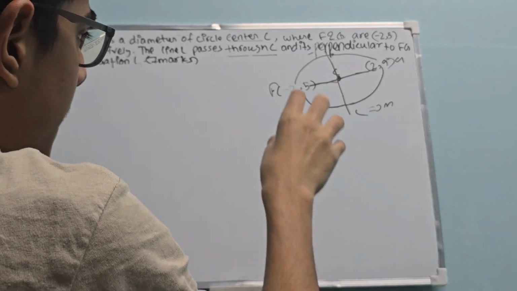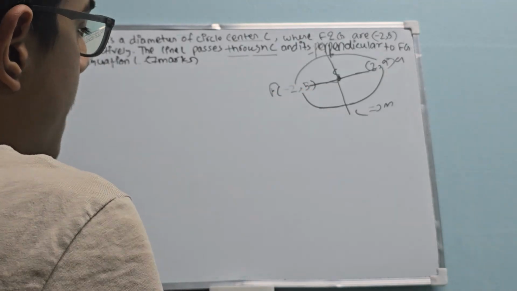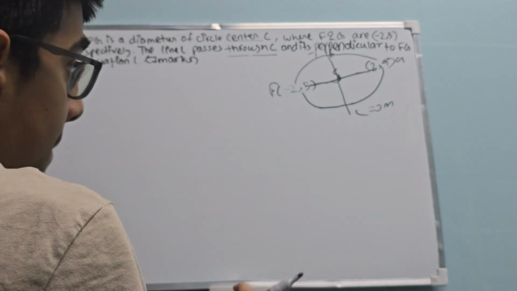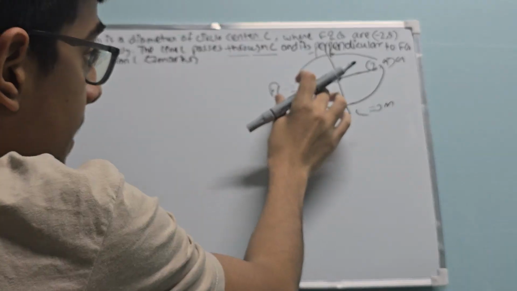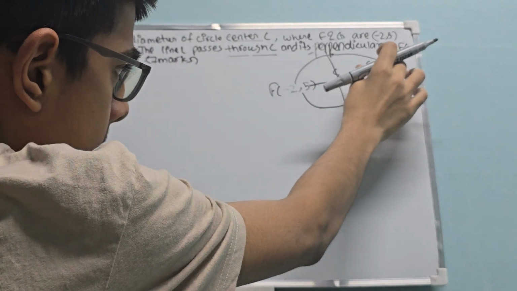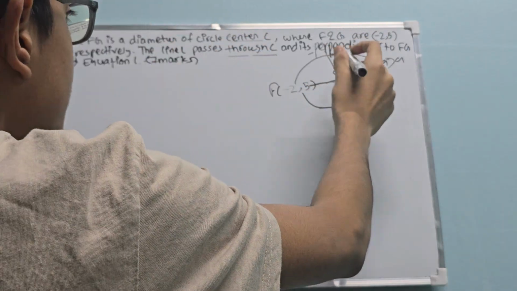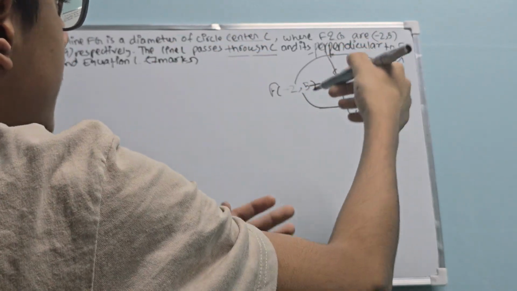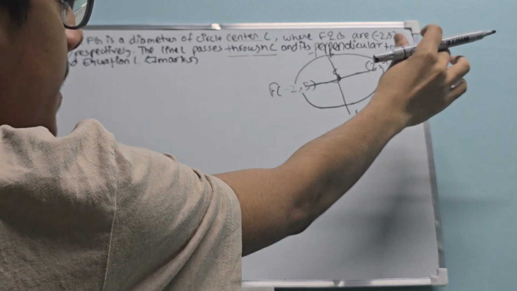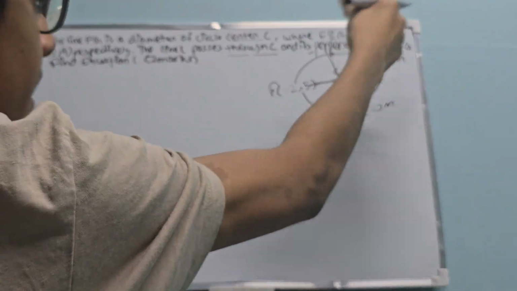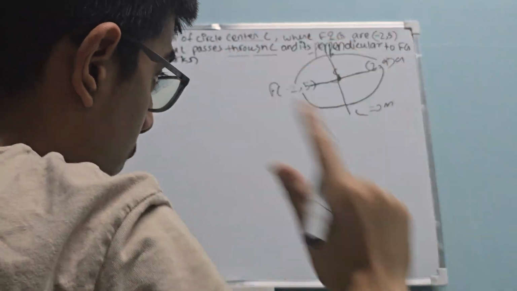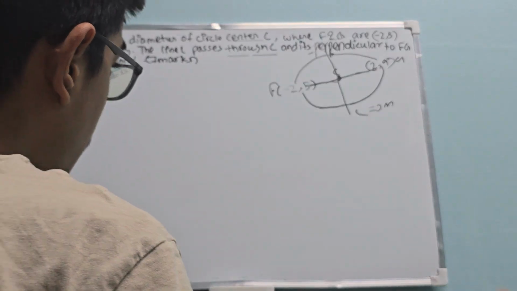In order to find m, first we need to find the gradient of FG. Then we can use the fact that the line L is perpendicular to FG, so we find the negative reciprocal gradient. You should know this from Pure 1.